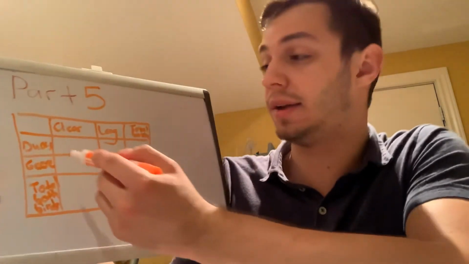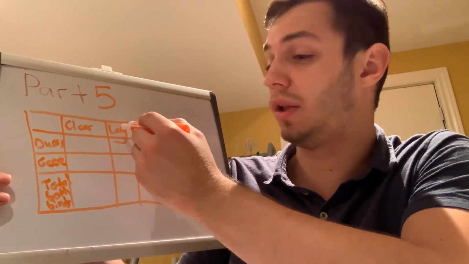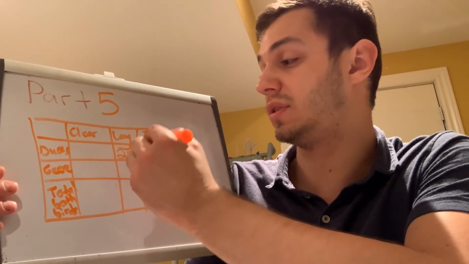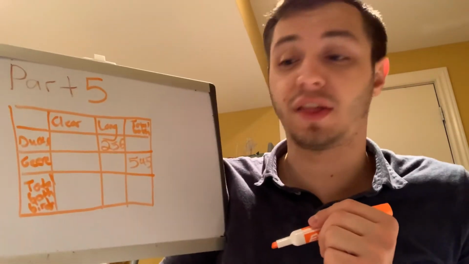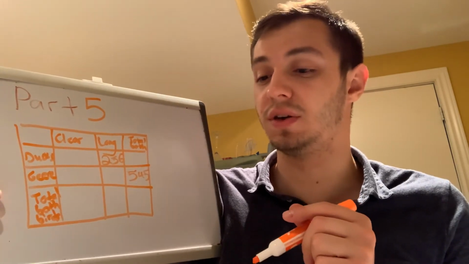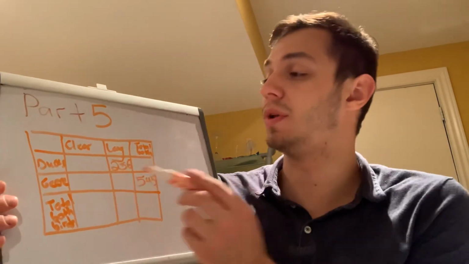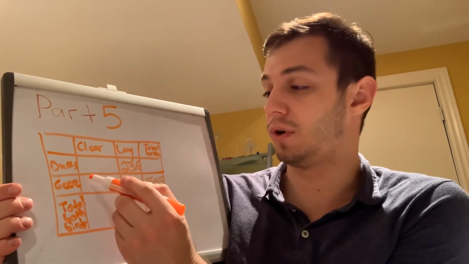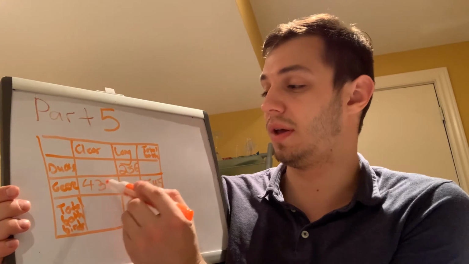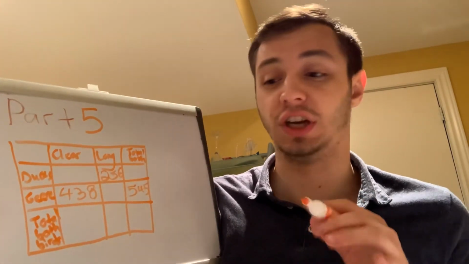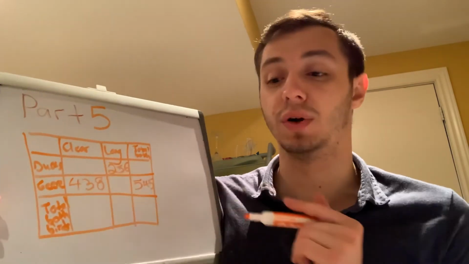So we're going to look at ducks and Long Lake, and it's 256. Fact 3 tells us 438 geese were seen on Clear Lake. So I'm going to look at Clear Lake and the number of geese, and it's 438.